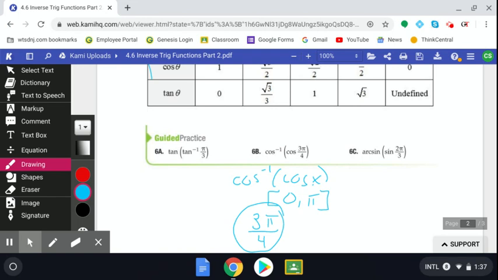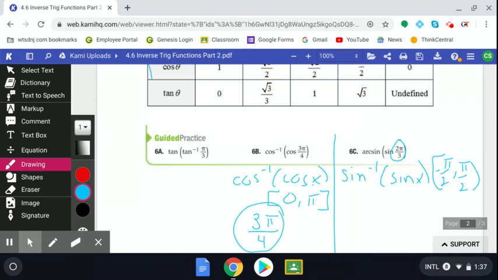Now, arcsine of sine of 2 pi over 3. The domain restriction here is that, if you remember from the top, for sine of x the domain restriction was it had to be between negative pi over 2 and pi over 2. So 2 pi over 3 is not in this domain. If it's not in this domain, I have to find the same reference angle.